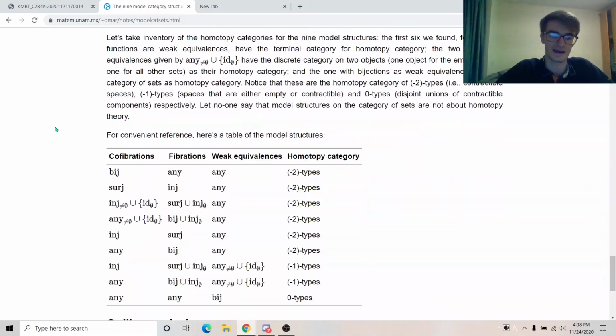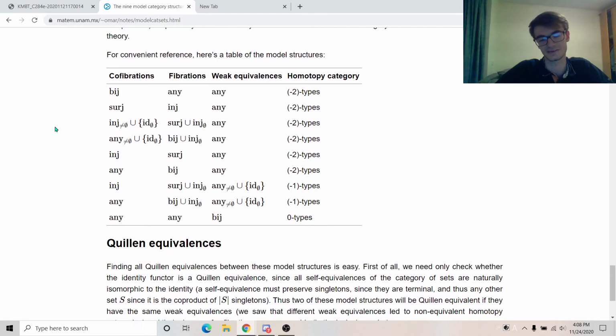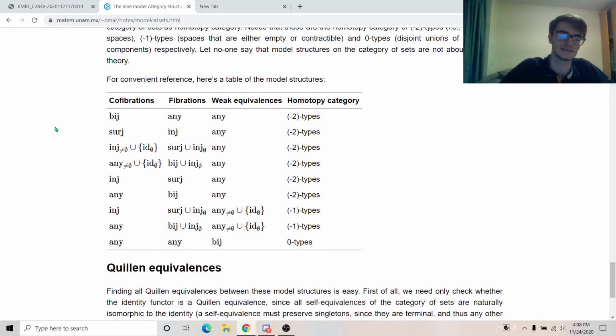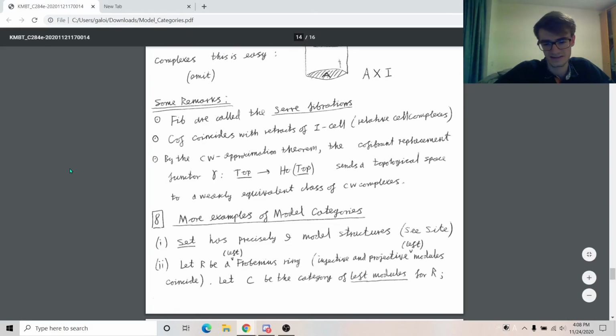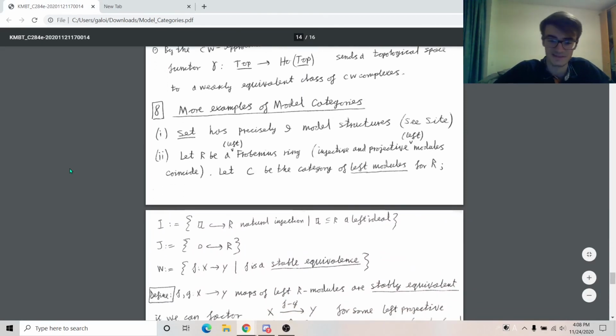It's not too difficult. The model structures are kind of boring sometimes. As you can see, the cofibrations and fibrations tend to be maps like bijections, surjections, injections, and some wilder maps here. And you get different kinds of homotopy categories as well.